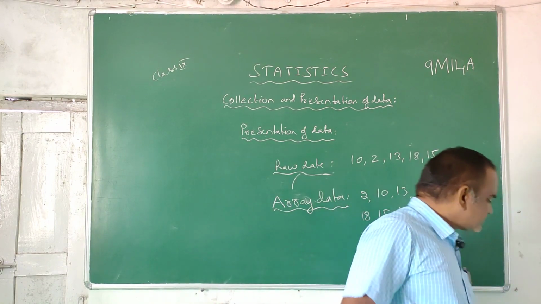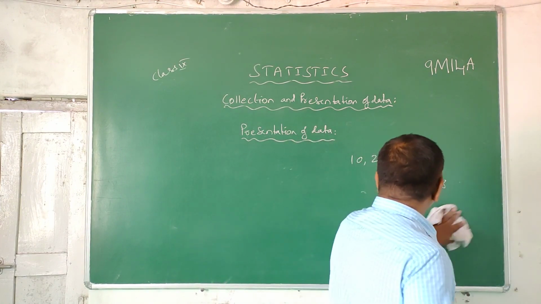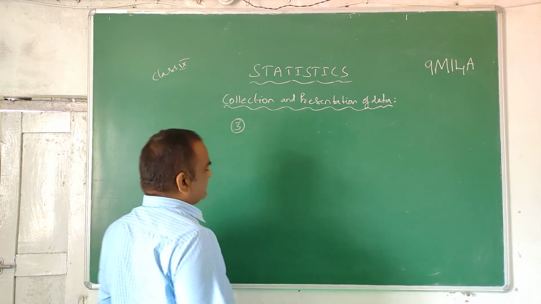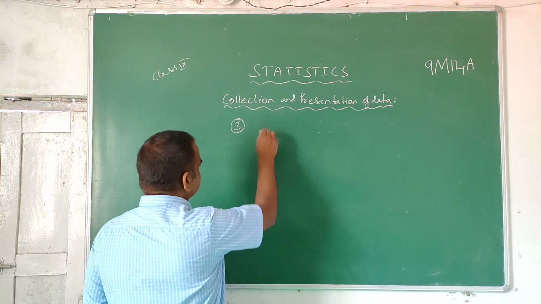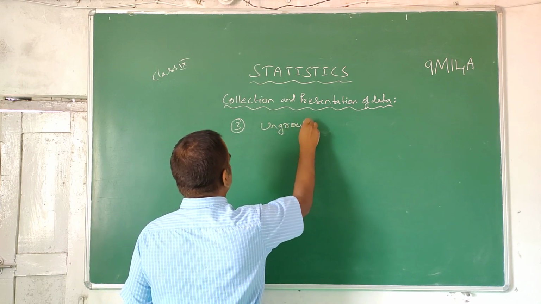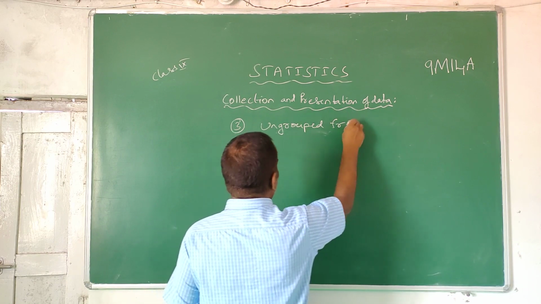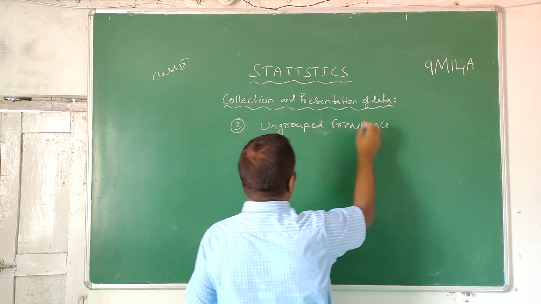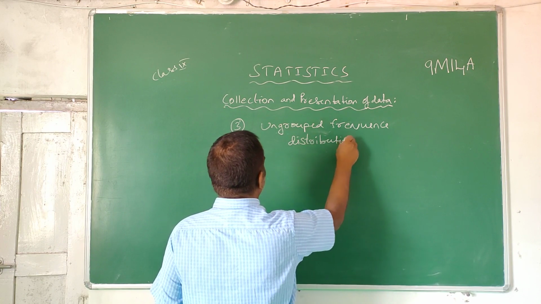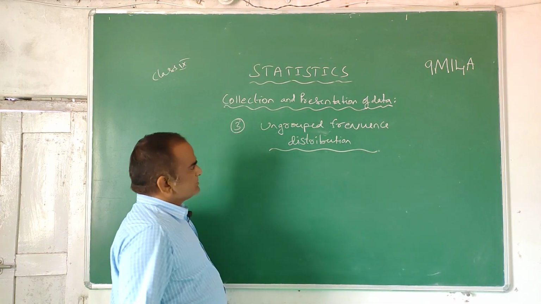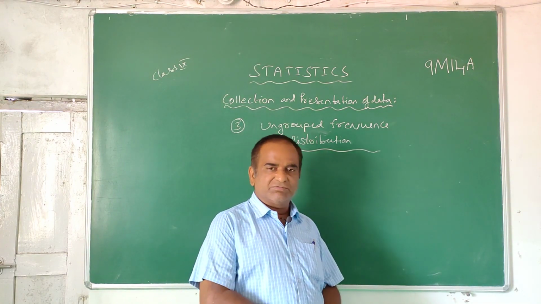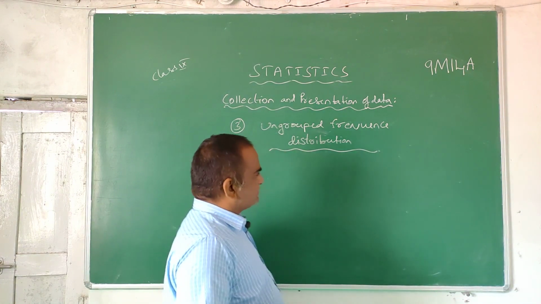Next, frequency distribution. The third way of presenting data is frequency distribution, ungrouped frequency distribution, or simply frequency distribution. What does frequency distribution mean?